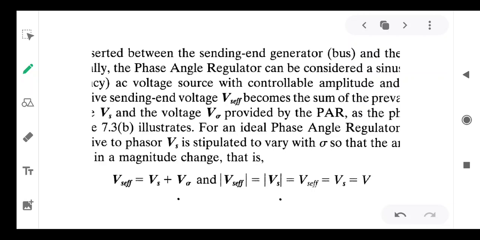V sigma is the injected voltage. V sigma is the regulated voltage provided by the phase angle regulator.